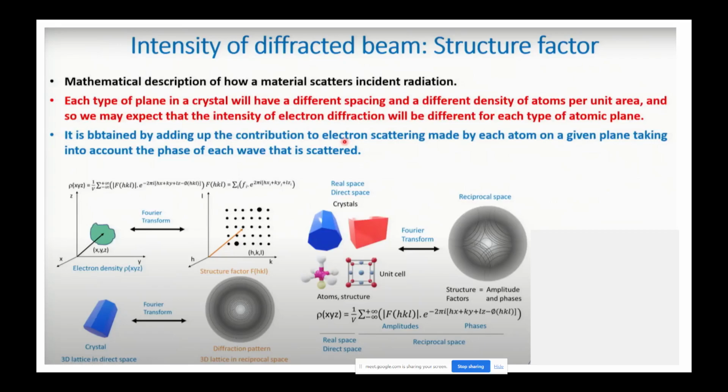If you have studied mathematics, you must have seen how this Fourier transformation occurs. This is the electron density, and when you Fourier transform it, it will give you the structure factor. So this mainly occurs by using your SAD pattern. Okay.